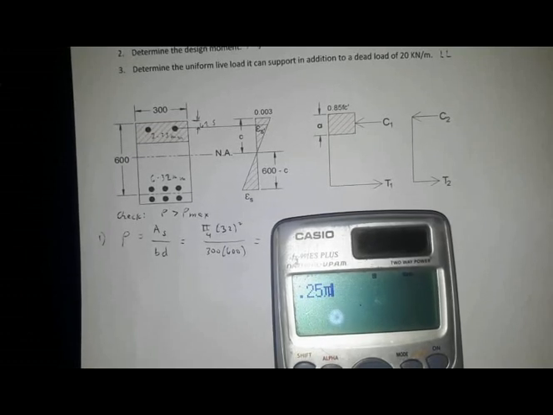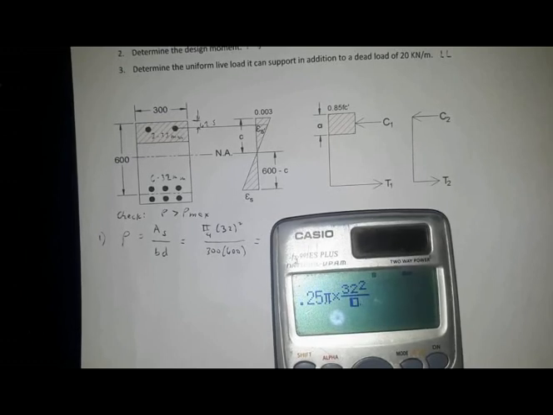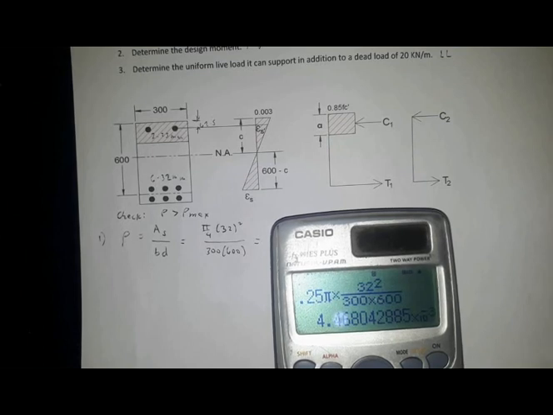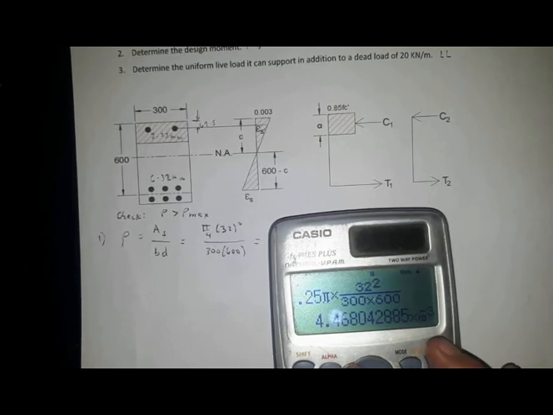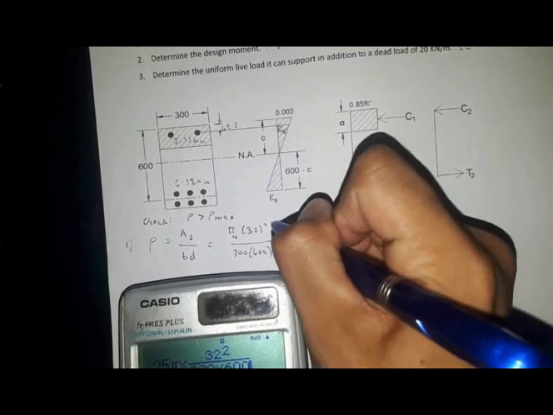That is pi over 4 times 32 squared divided by 300 times 600, and then times 6, because we have 6 bars.